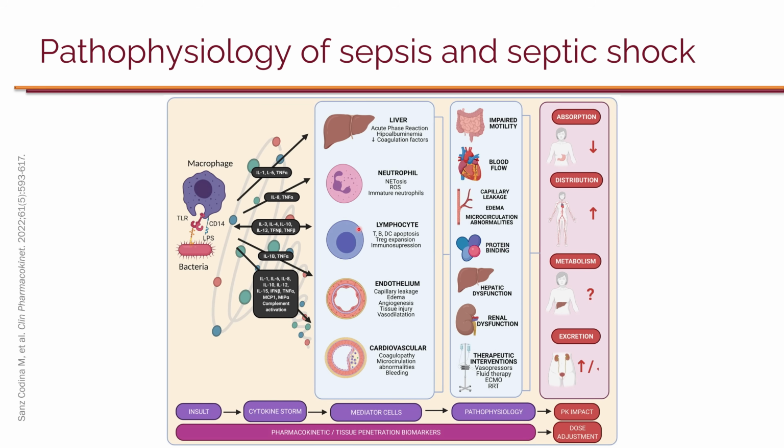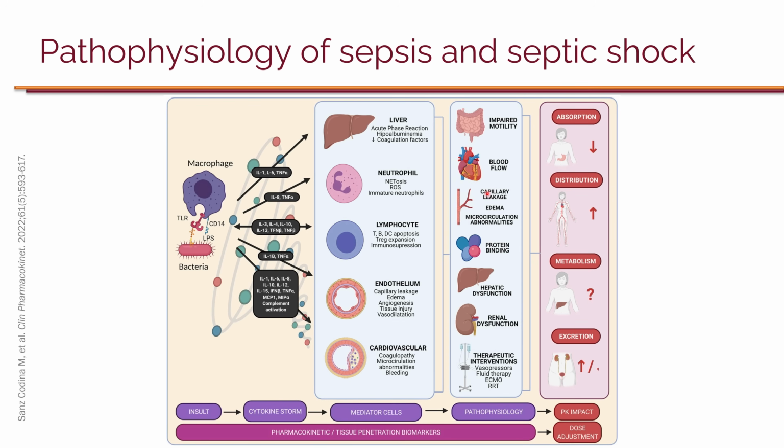And then there's the effect on various organs, so the liver, neutrophils, lymphocytes, endothelium, cardiovascular system. And the changes that occur, for example, in the GI tract, there is impaired motility. So essentially, if things are moving slowly, absorption could be impaired. So if you're thinking of oral medications, for example, they may not be appropriate because they may not be absorbed immediately in these patients. There are changes in blood flow.